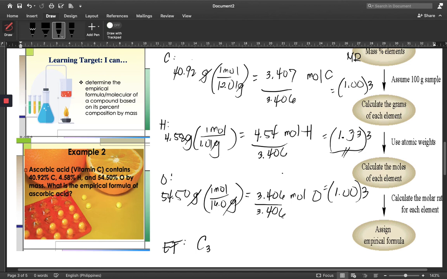You end up with the value 4, right? So therefore, hydrogen in this empirical formula will be 4 atoms. And then oxygen, 3. So that is C3H4O3. That's our empirical formula now for ascorbic acid.